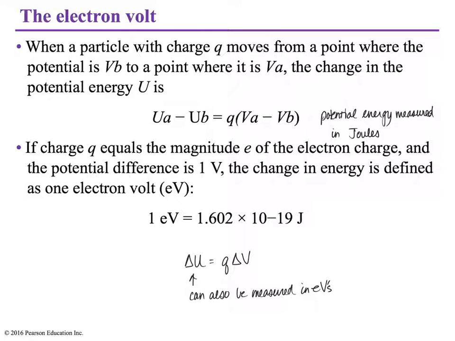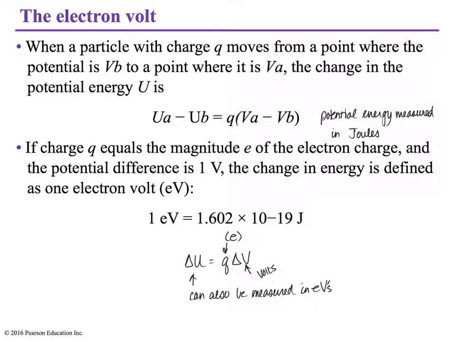The way that it works is it's actually a lot easier to calculate the energy when you use electron volts, because we think of the charge measured in units of the charge of an electron, and then this of course is measured in volts.